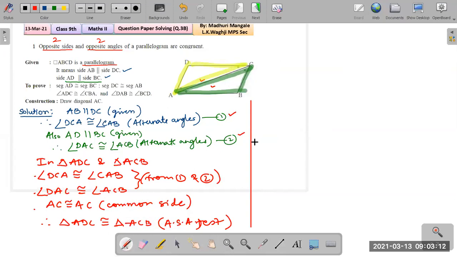And now this is the very simplest part, the easiest part. Last thing is we have to say that the corresponding parts are congruent, right? So we will just write out, therefore segment AD is congruent to segment BC, right? And segment DC is again congruent to segment AB.